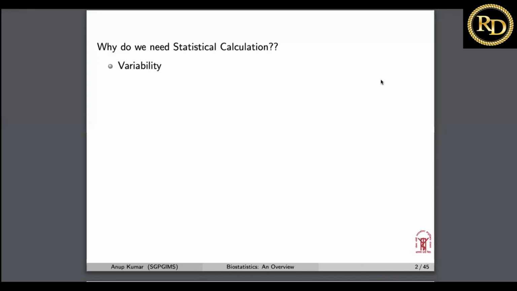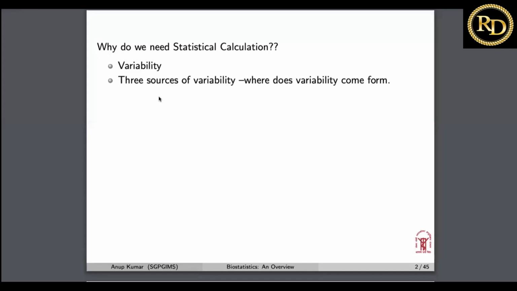If there is no variation in the data, there is no need for statistical calculation. Whatever you are writing is the consequence of statistical calculation. Whenever we measure something, that measurement has variability, and to understand that variability we need statistical calculation.